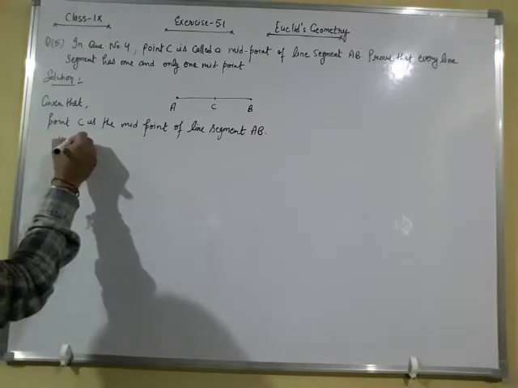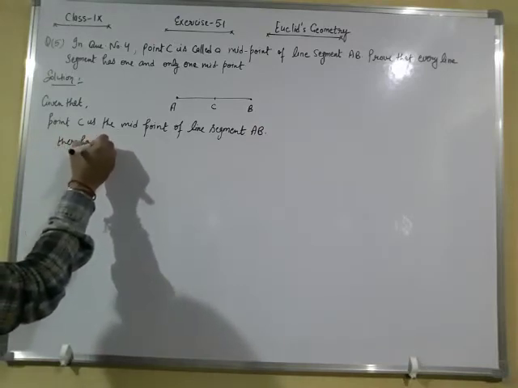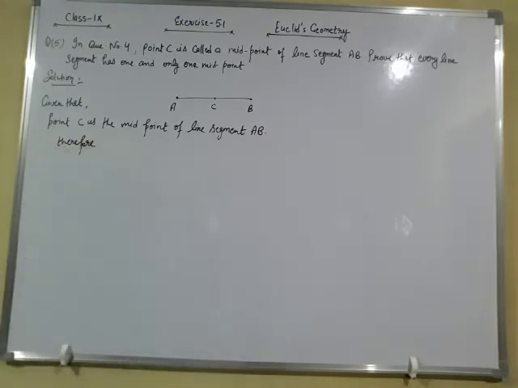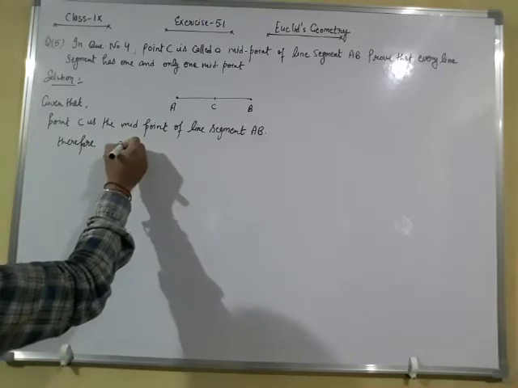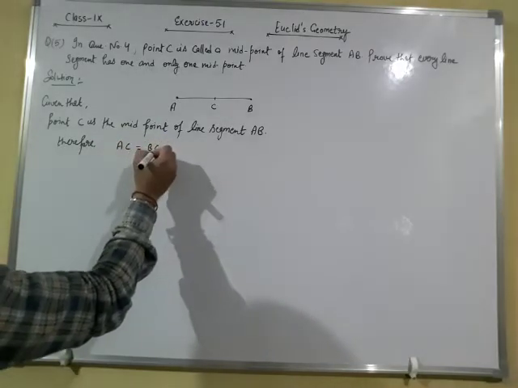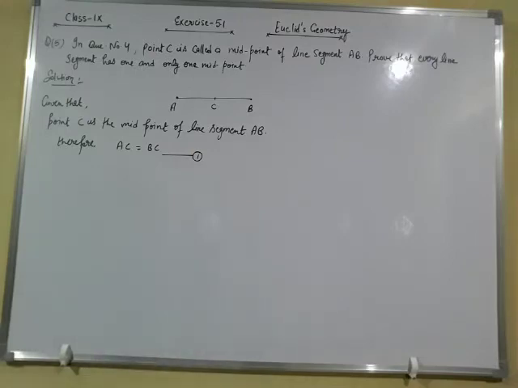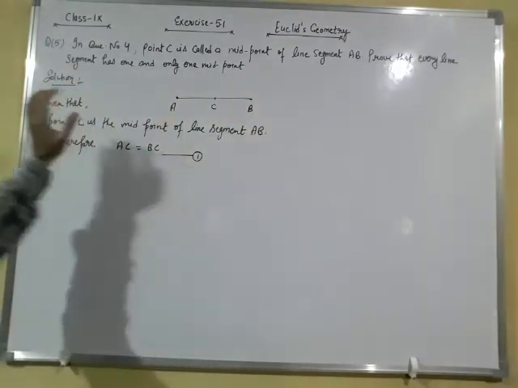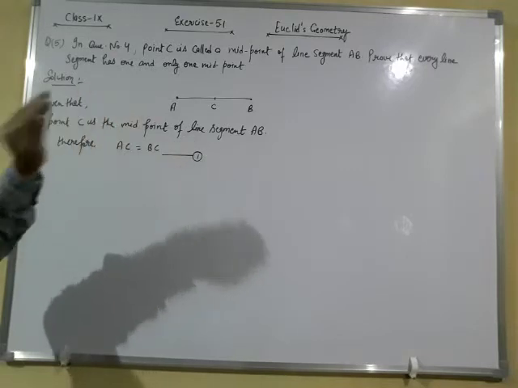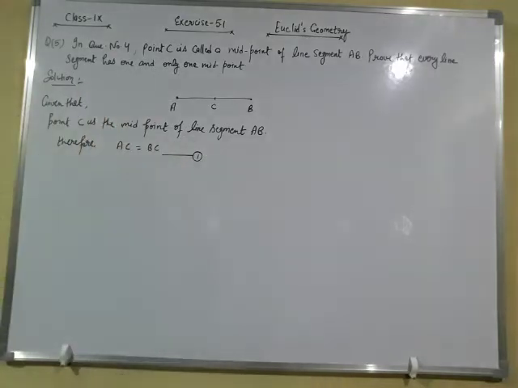Therefore, if C is the midpoint of AB, then C will divide AB into two equal parts. Therefore, AC is equals to BC. Let this equation is equation number 1. Then we have to prove that every line segment has one and only one midpoint.